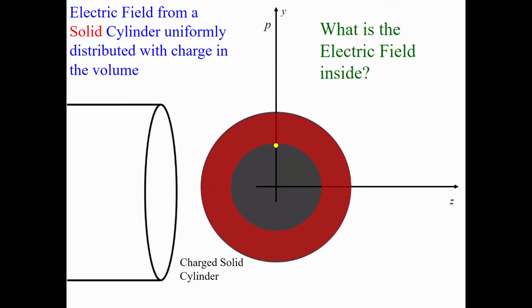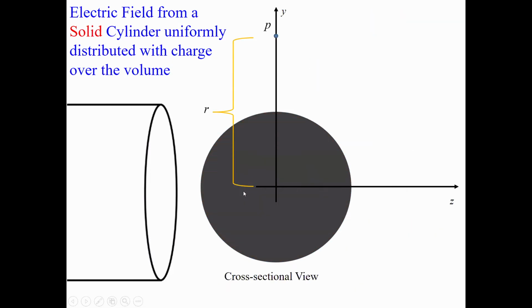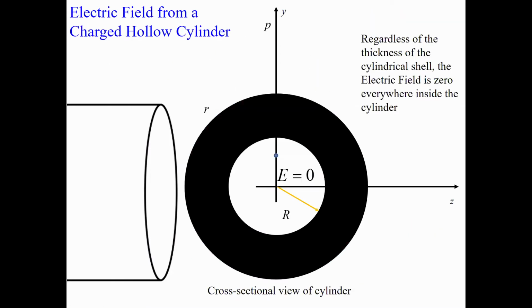I mean, it is 0 in the X and the Z direction. It's from symmetry. But remember what I said, if we were to go back to this part here, this is making a statement that regardless how thick the shell is, the electric field is still 0 inside. Okay, is that understood? Yeah.